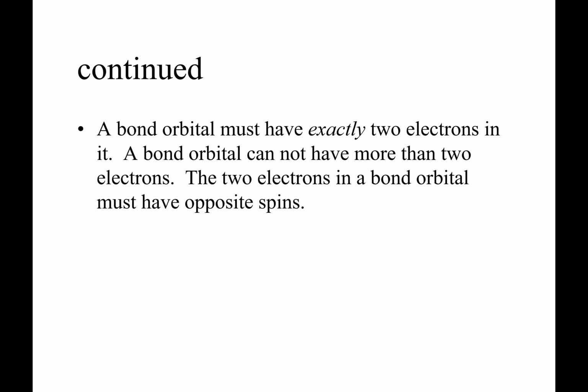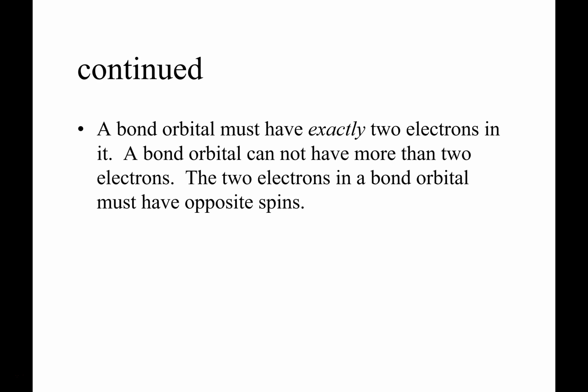So when I talk about a bond orbital, I'm going to redraw my water molecule. Here's my water molecule. We have a central oxygen atom, covalent bond, hydrogen, covalent bond, hydrogen, and I'm going to put a name to those extra electrons coming up.